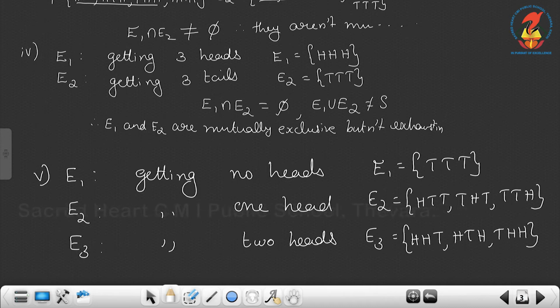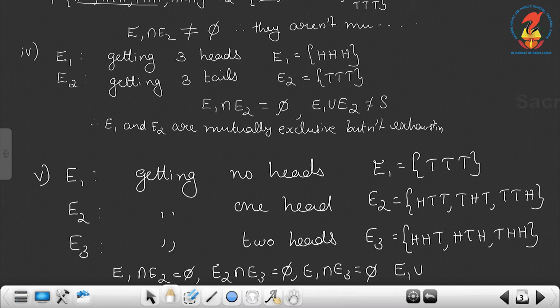Okay. So E1 intersection E2 null set, E2 intersection E3 is null set, and E1 intersection E3, that is also null set. Okay. Now what is their union? E1 union E2 union E3.